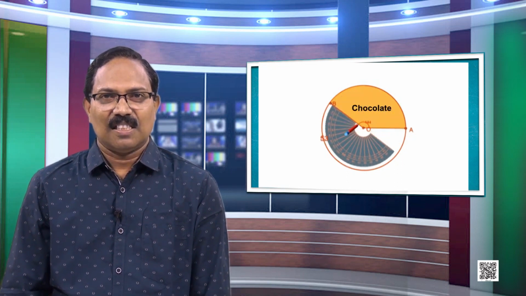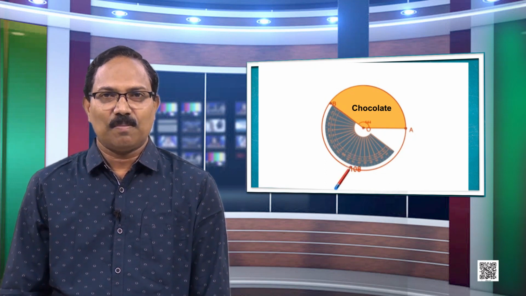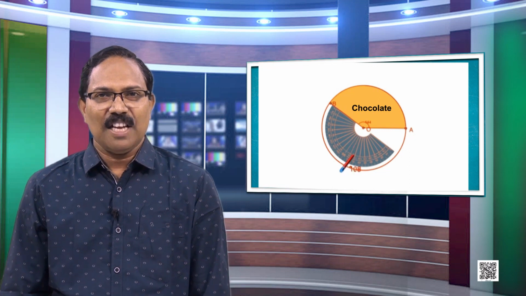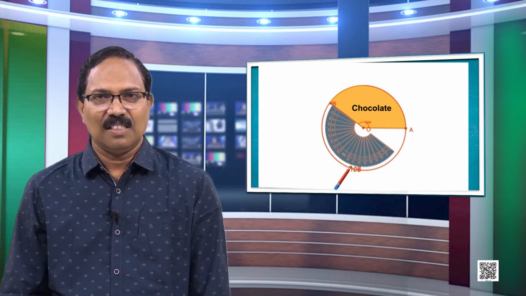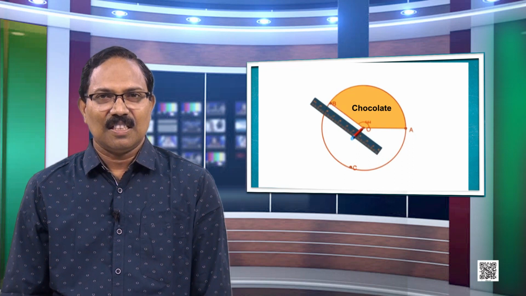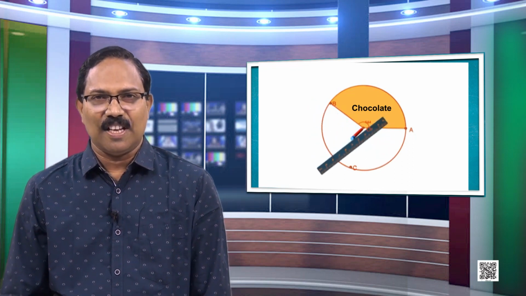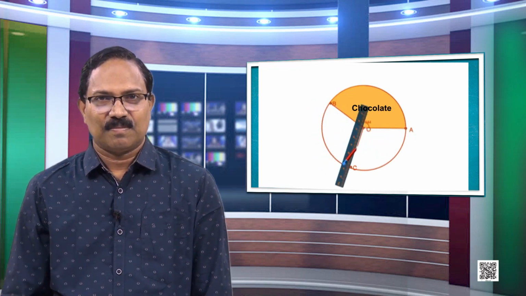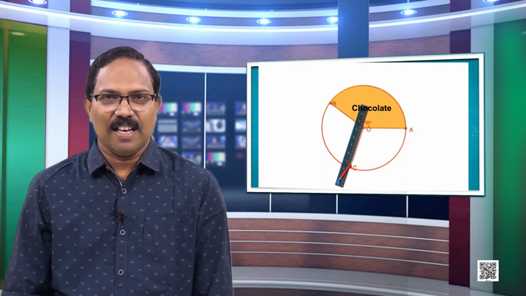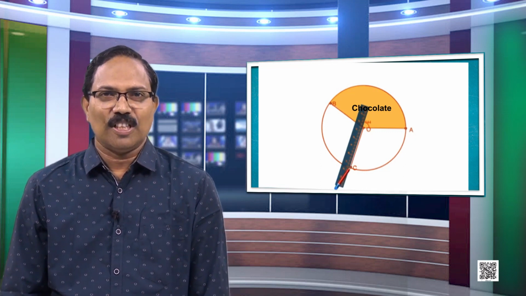Next is vanilla. We have calculated the degree as 108. So, use your protractor again. From the remaining part of the circle, you mark 108 degrees. Make a point there and join it with the origin.